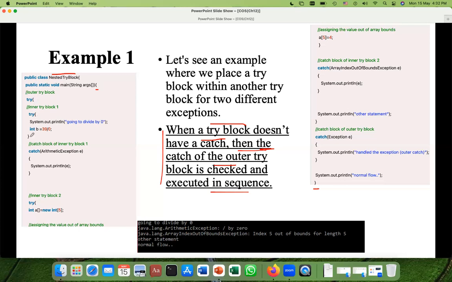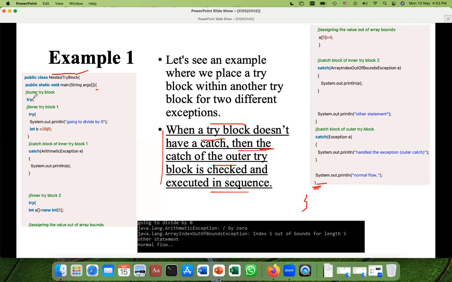This is try, catch, try, catch. This is the end of the first try, and then its catch. Okay, and then this is the end of the main. Maybe we have some bracket here for the class also.